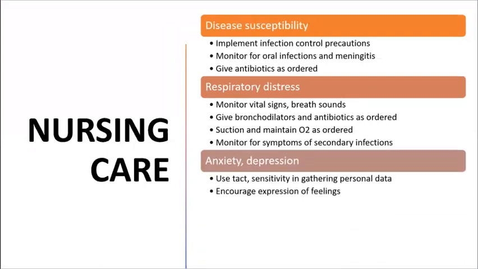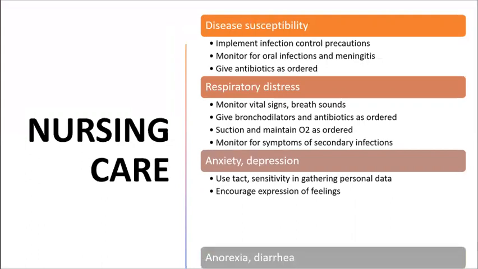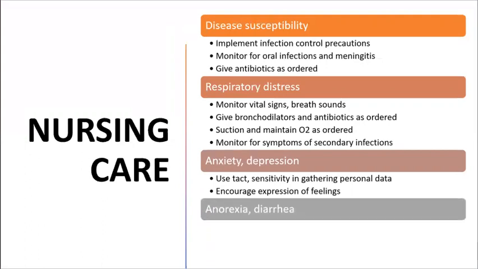And as part of anxiety and depression, you want to use tact and sensitivity in gathering personal data, encourage expression of feelings, respect the client's own limits and ability to discuss the problem. With the anorexia and the diarrhea, you want to monitor the client's weight, encourage nutritional supplements, and you also want to assess hydration in this client.